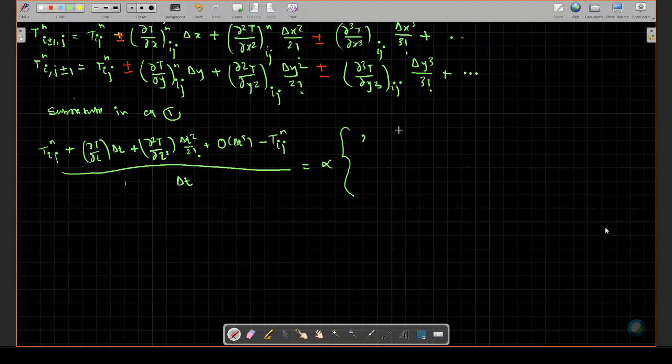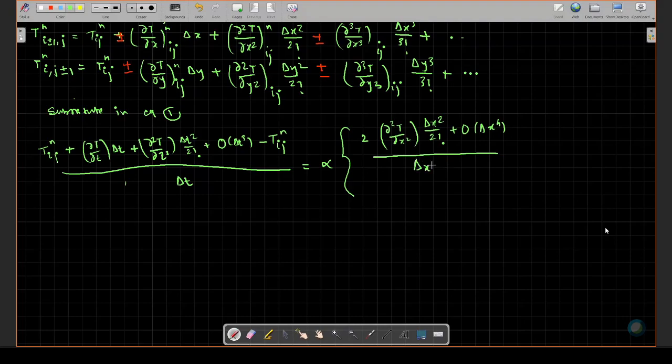times you will get del²T/del x² times delta x² over 2 factorial plus some order delta x⁴ terms. Okay, after substituting, I mean after bringing this Tij to this side, you will get some terms and cancellation of some terms.